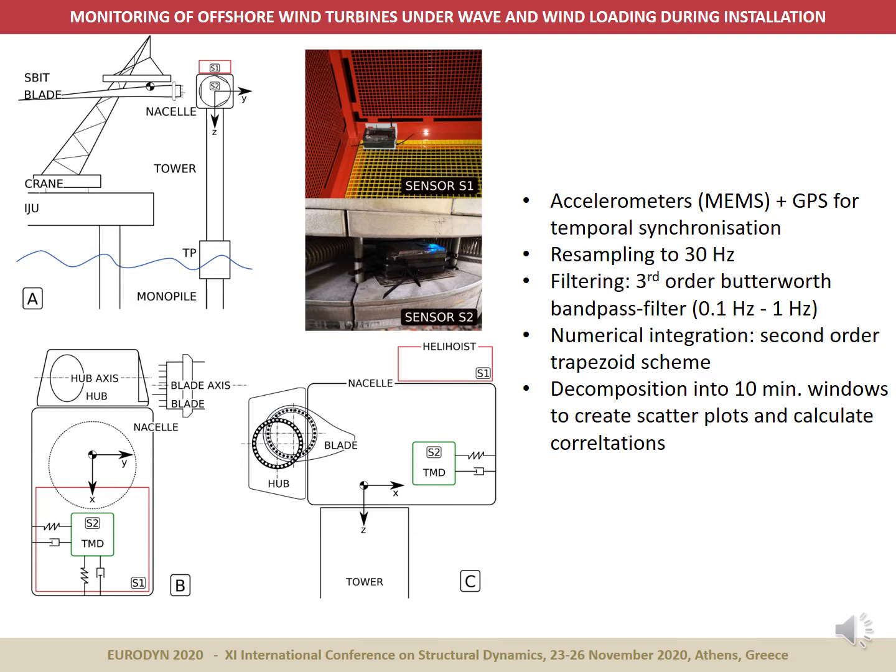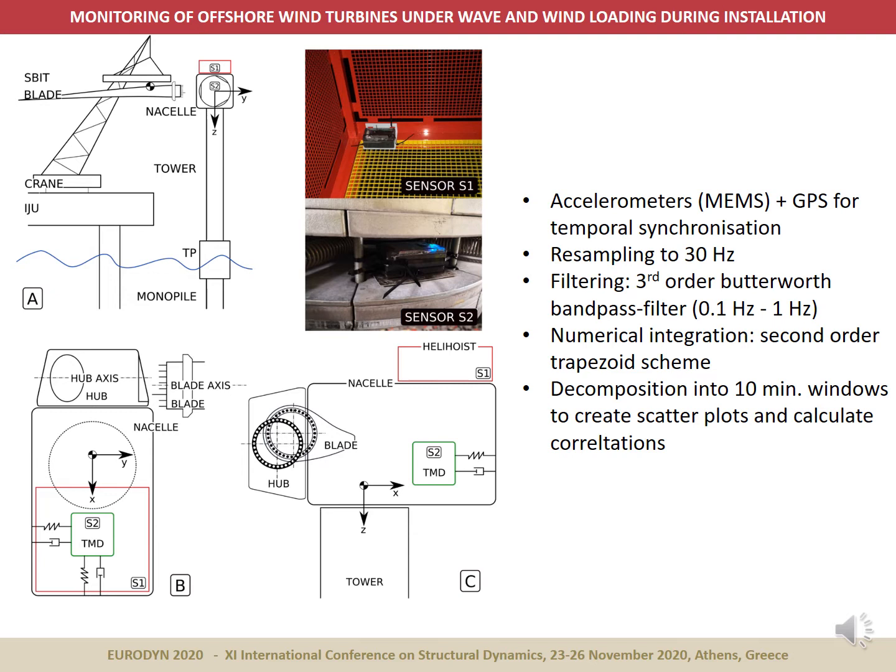Therefore, within this publication, we only analyzed accelerations from the helicopter hoisting platform, a platform atop the nacelle. The sensor that was placed there is referred to by the abbreviation S1, as can be seen in figures A, B, and C. More data at different positions was recorded, which will be made available in another publication.